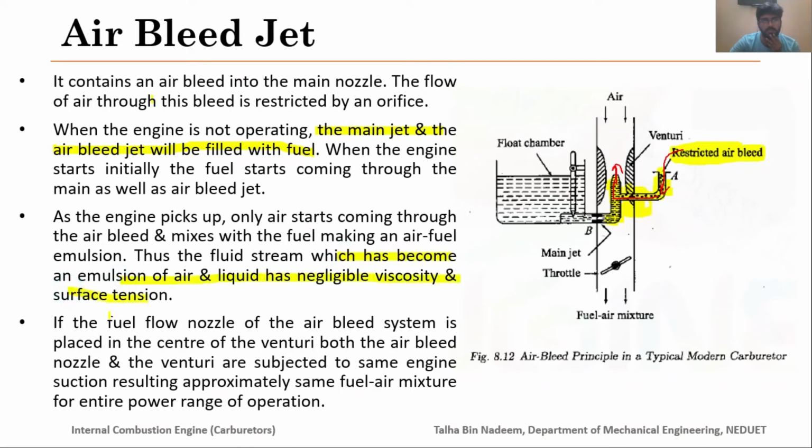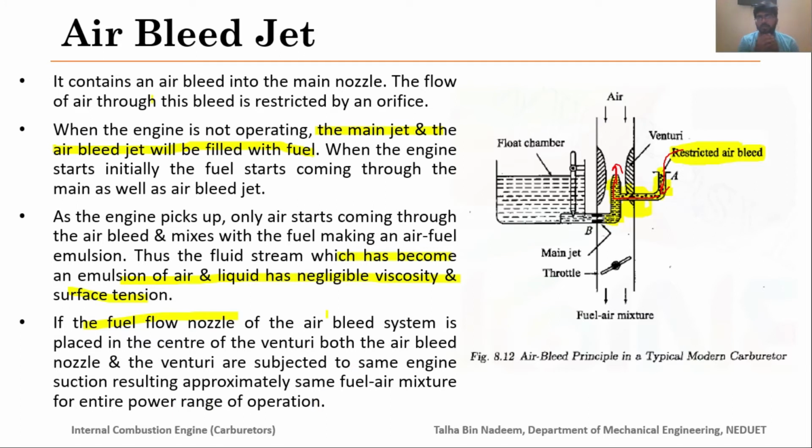and surface tension. If the fuel flow nozzle of the air bleed system is placed in the center of the venturi, both the air bleed nozzle and the venturi are subjected to the same engine suction, resulting in approximately the same fuel air mixture for the entire power range of operation.